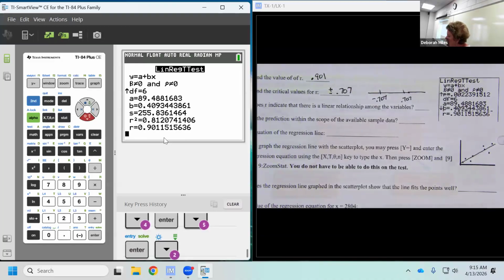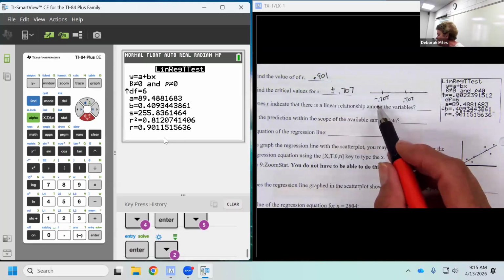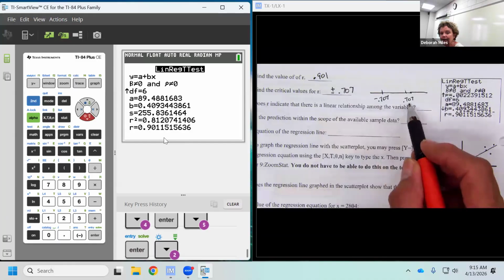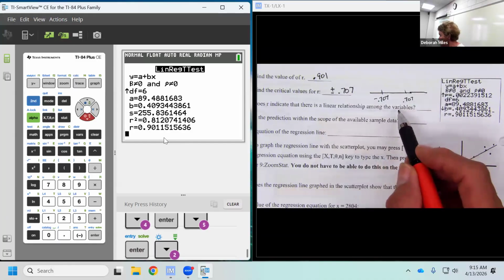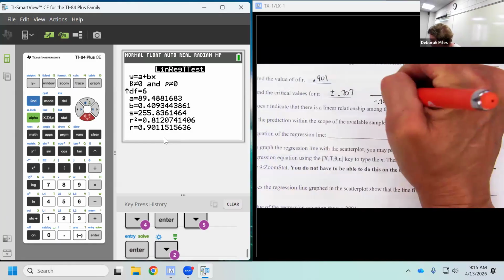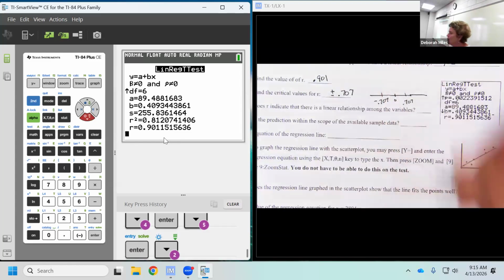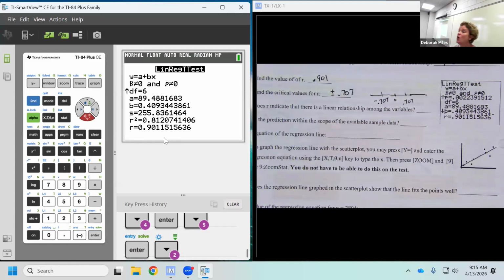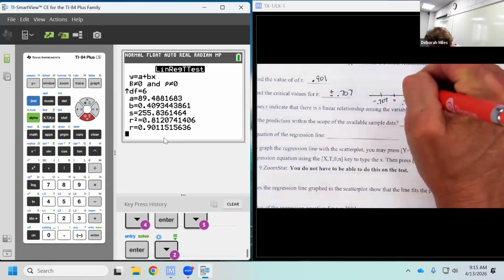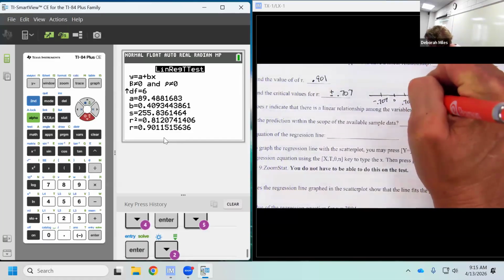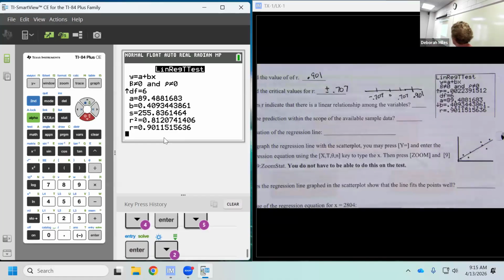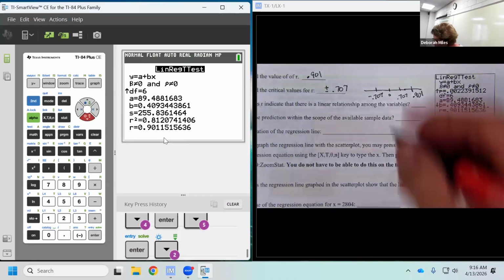That's exactly right. Because halfway between negative 0.707 and positive 0.707, what's halfway between them? 0. And what does 0 mean when you're talking about linear correlation? No correlation in the middle, but our 0.901 is out here, out past the critical value.